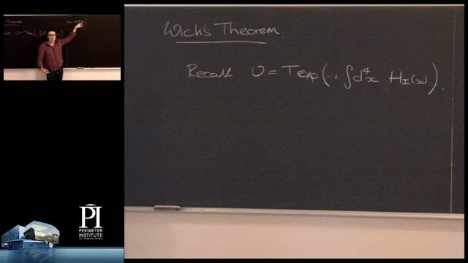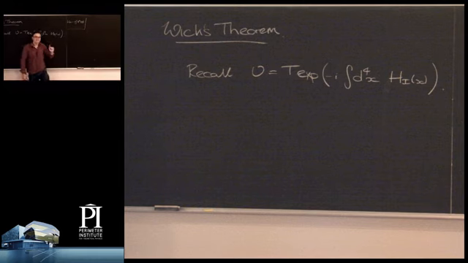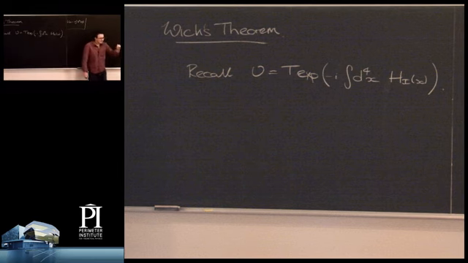Well, I was doing h int in the interaction picture, but the reason is a little bit subtle and buried in the notation. The reason is that operators in the interaction picture evolve in the same way as operators in the Heisenberg picture of the free theory.